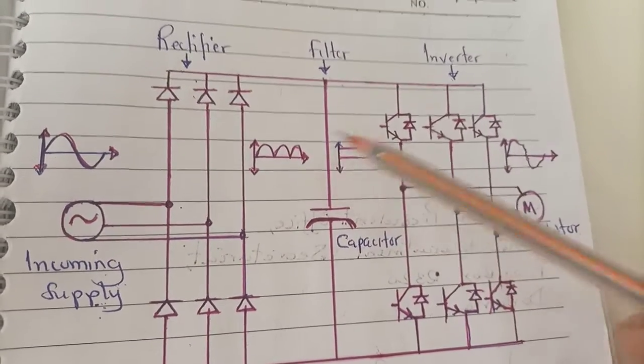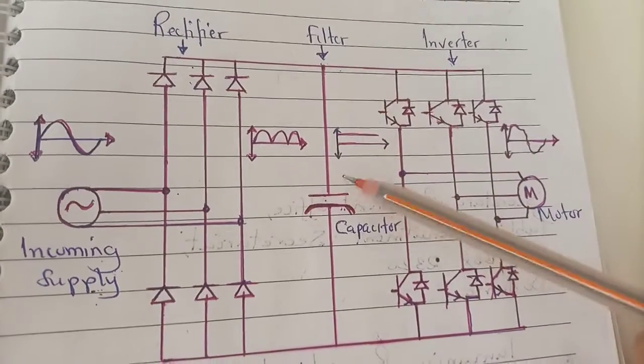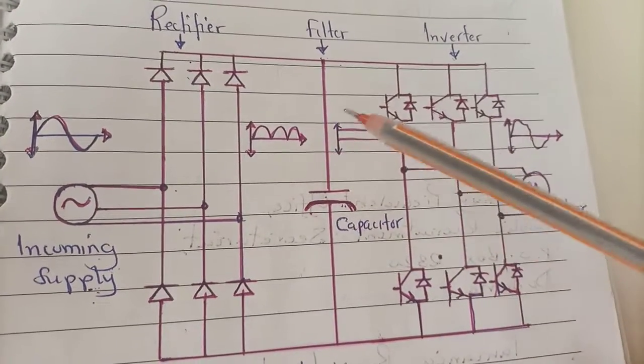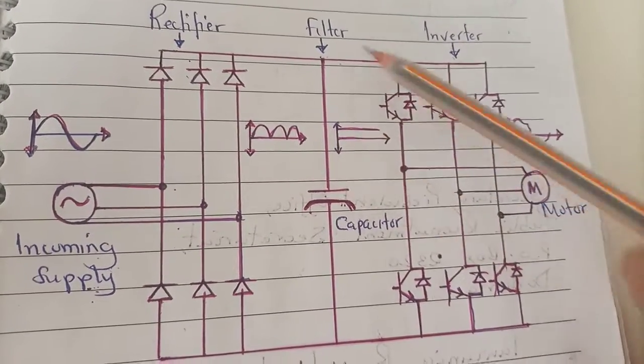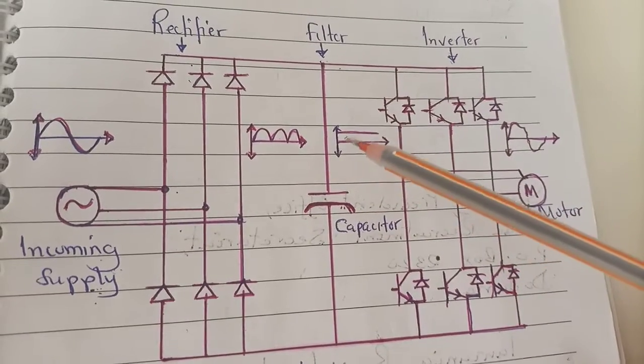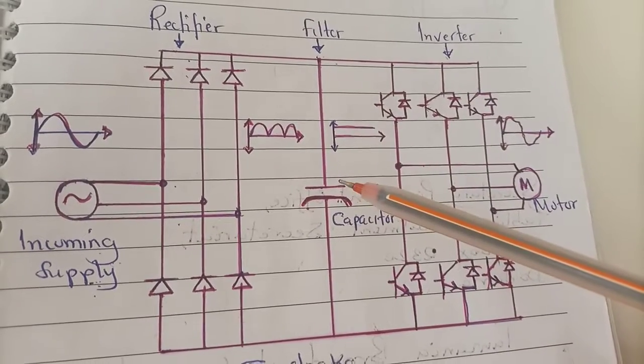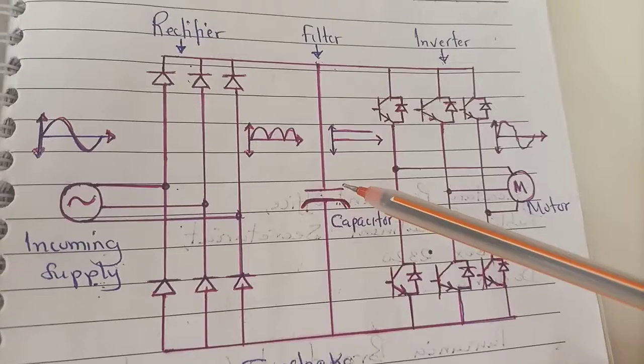After that, here we have the filter. What is the function of this filter? This filter uses capacitors to clean the DC voltage, making it smoother.